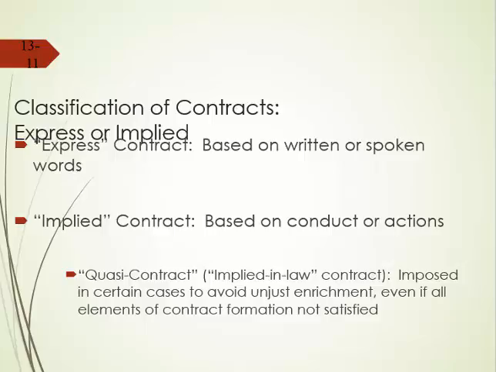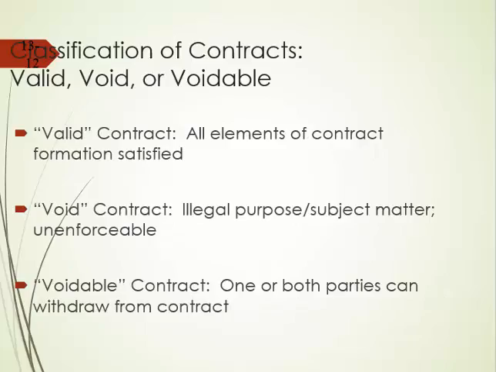And so it came up with an equitable or a fairness theory saying, in certain cases, in order to avoid someone being unjustly enriched, we really have to find that there was a contract here. It's not a full contract, but based on conduct or actions, people were really acting like they were in a contract. So we're going to find a contract here. And that's typically in a situation where one party is trying to say there was no contract and another party says there was a contract.